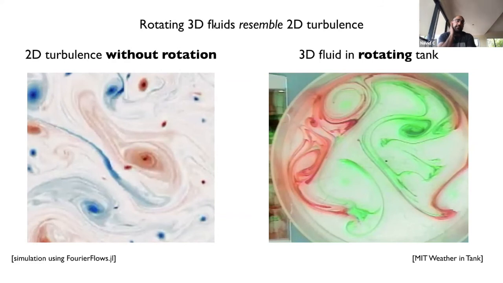So this is like a demonstration of how 2D turbulence without rotation resembles a three-dimensional fluid in a rotating tank. In other words, how rotation in the experiment makes the fluid behave more as if it is two-dimensional.